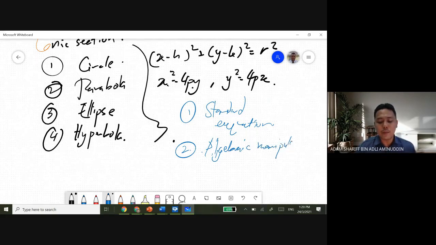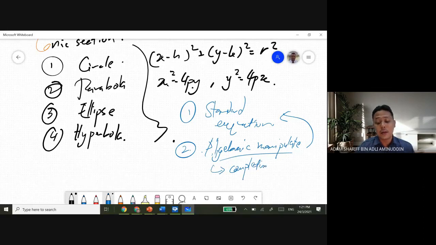Sometimes you need to manipulate the equation so that it can be compared with the standard equation. There is a lot of algebraic manipulation, and one of the most important skills to remember is completing the square.